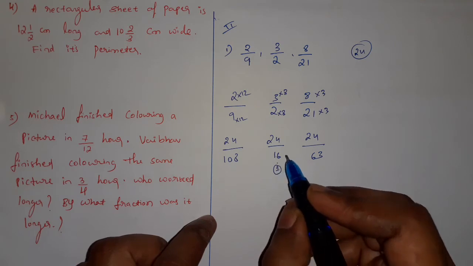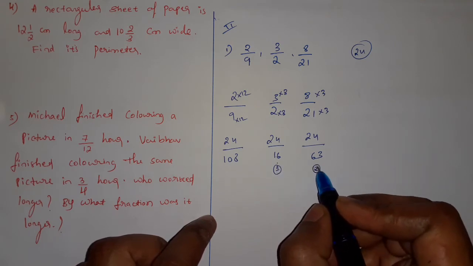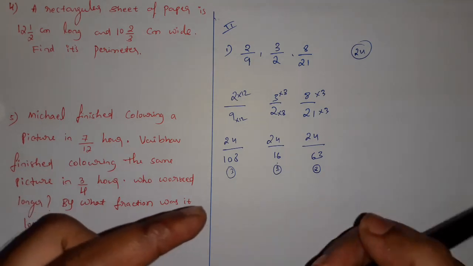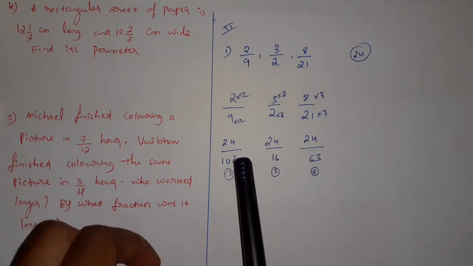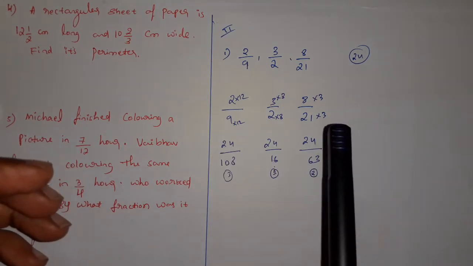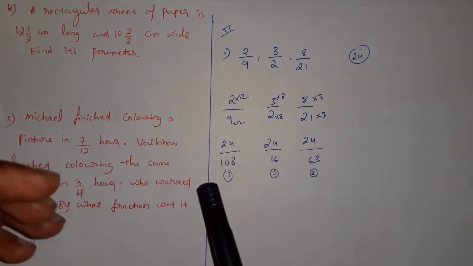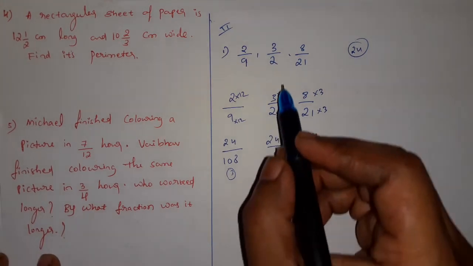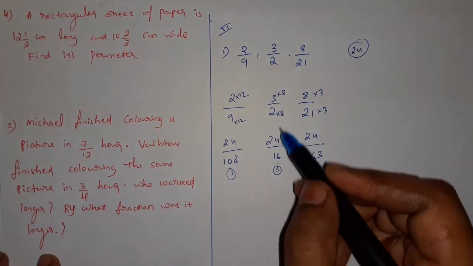This is first, the largest one, and the next one, and then this is the third one. Because the logic is reversed. If I make the denominators equal and compare the numerators, the logic is straight: whichever fraction has a larger numerator is going to be the largest. But here it is reversed.